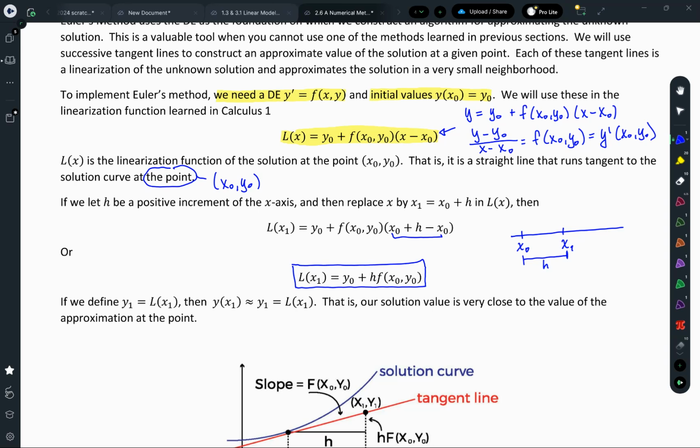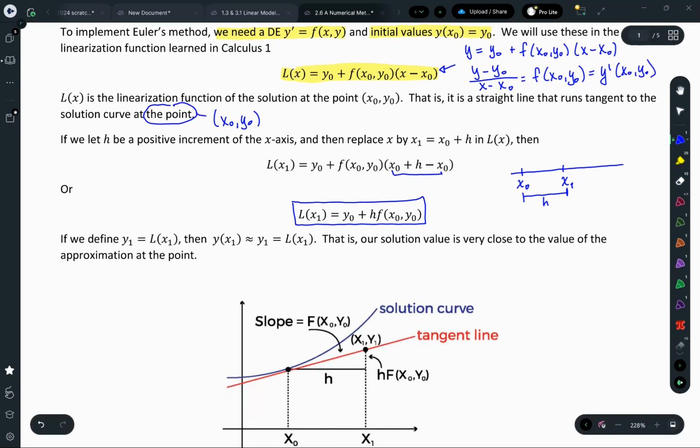Okay? Now, if we define L of x1 to be our y1 value, then we get this sort of notation right here. Okay, y of x1, so the actual solution evaluated at x1, is going to be approximately this y1 value that we get.